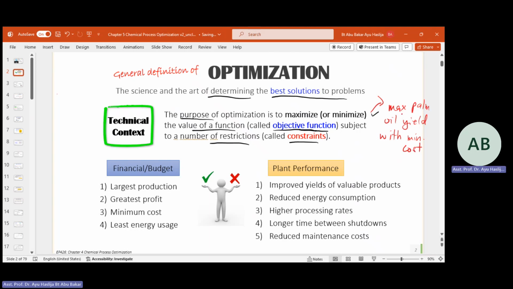So your purpose is to maximize the yield. Objective function, your yield. What are the parameters affecting your yield? Perhaps the temperature, the pressure, the loading. And then your constraint will be the minimum cost. This is your constraint. This is the function.